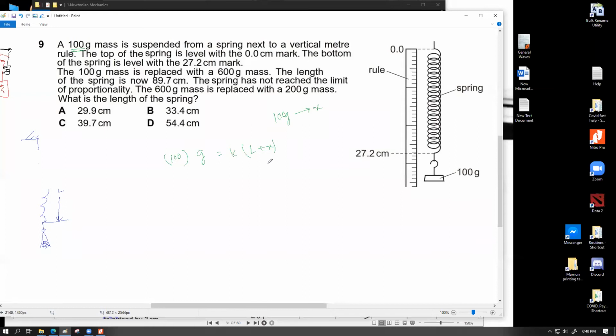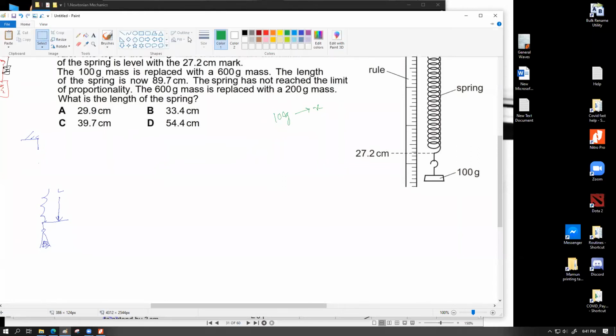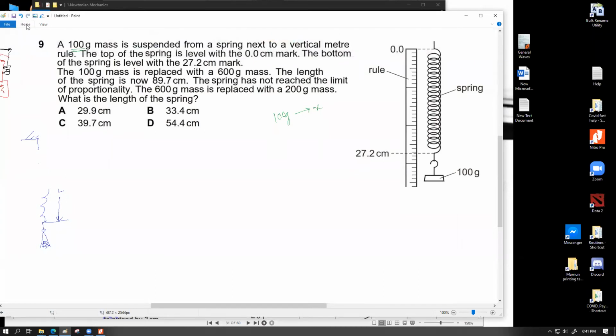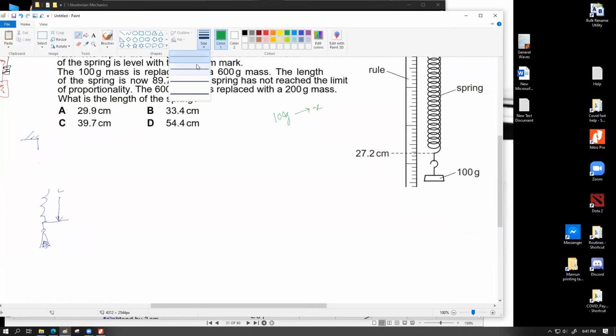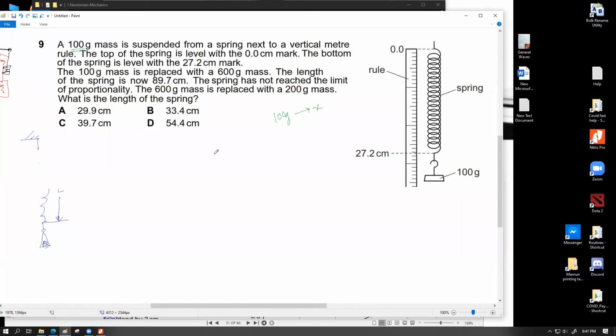No, but if k is there, I don't actually need this equation. Sorry, this is all right. I could write this, but I don't need this. I was thinking the other way around. I use the F by x equals F1 by x1 relation. So the first equation I am writing is L plus x equals 27.2.